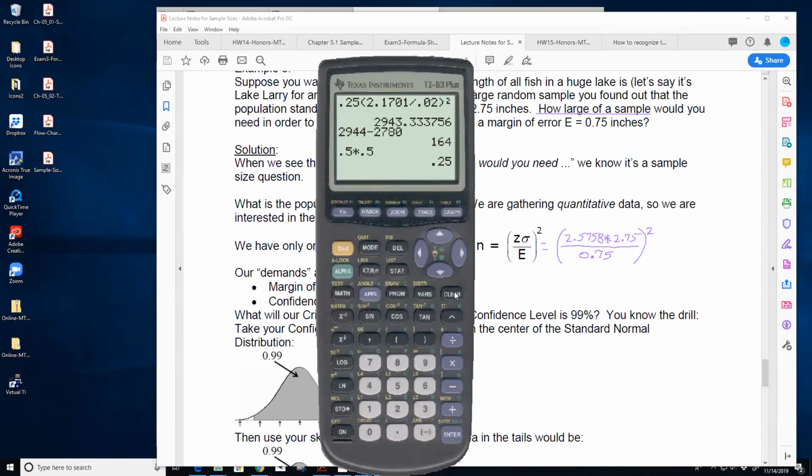There we go. Let's clear things. Now, left parenthesis. Got to put the whole thing in parentheses. 2.5758 is our critical value, times, see that little asterisk, then 2.75, and then divide by our 0.75, right parenthesis, and then the square.